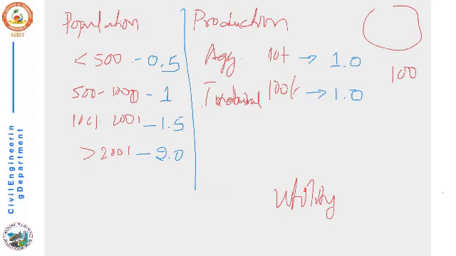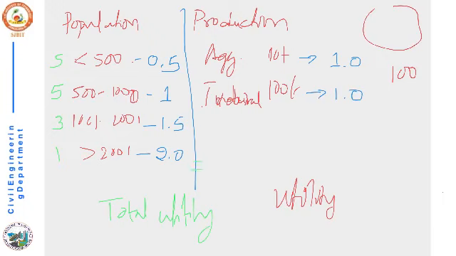Based upon the utility values we have given, we have to find out the total utility of the region. So in the study area, let us consider there are 5 villages with population less than 500, 5 villages with population 500 to 1000, 3 villages with population between 1001 and 2000, and 1 village with population greater than 2000.